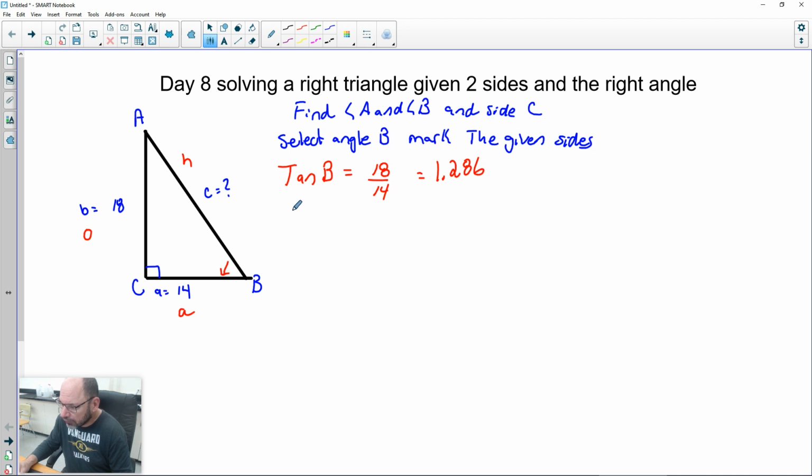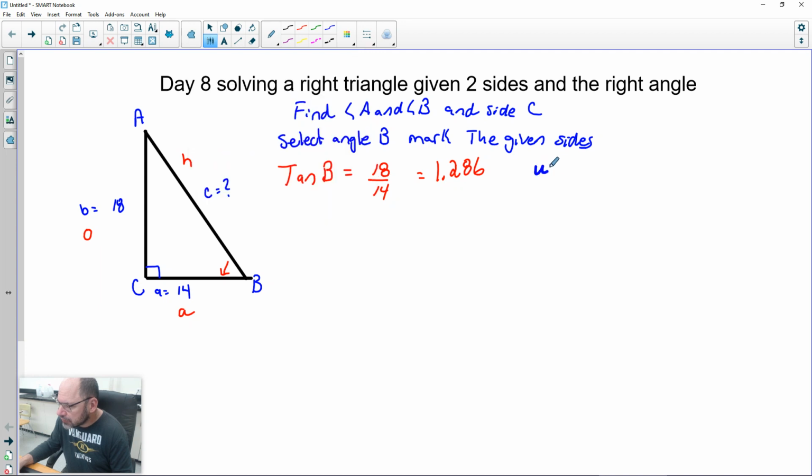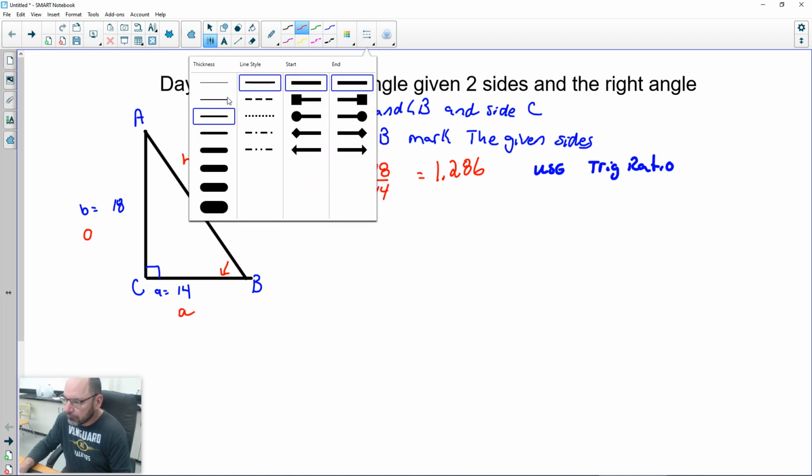So select the book, select it, and then here we used a trig ratio, and then we're going to do our inverse tan now.